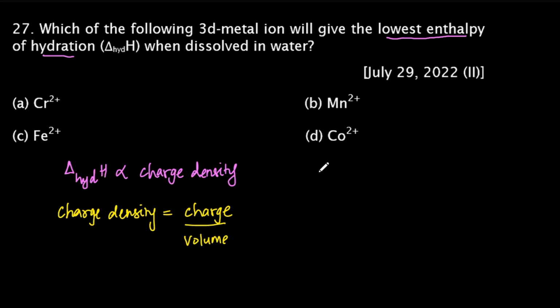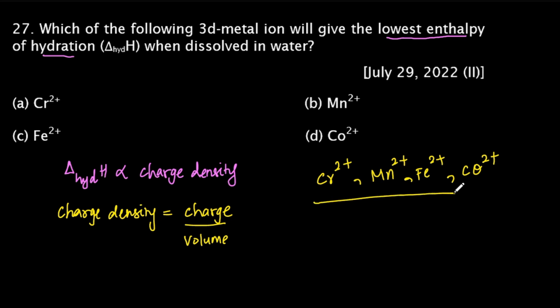Here the given ions are Cr2+, Mn2+, Fe2+, and Co2+. As we go across the series, the atomic size decreases and the atomic volume also decreases, so the ionic volume decreases.